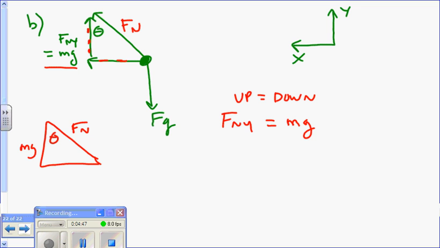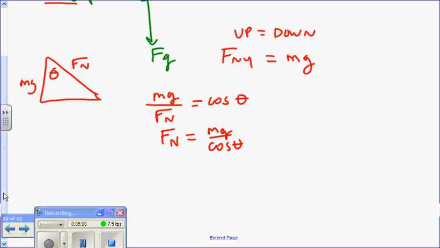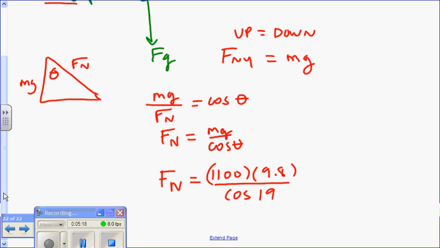I can say that mg over Fn is cos theta, or Fn equals mg over cos theta. And it wants us to actually figure it out for this particular car, so we will. Fn equals 1100, the mass of my car, times g, over cos of the 19-degree angle. And you can put that into your calculator to solve for that.